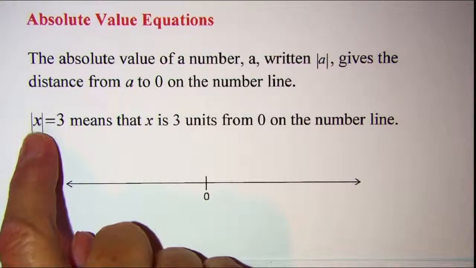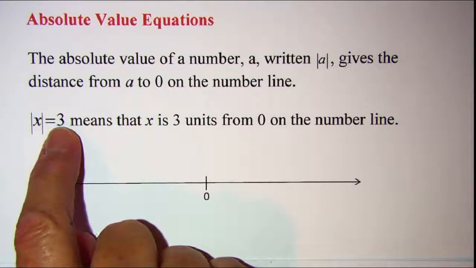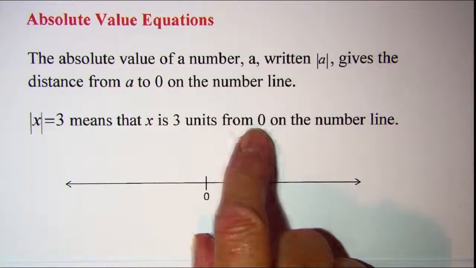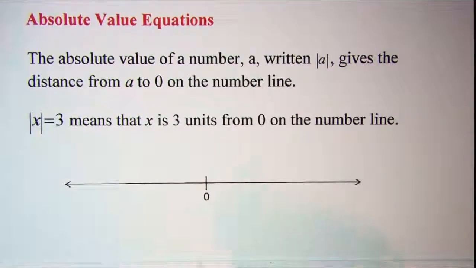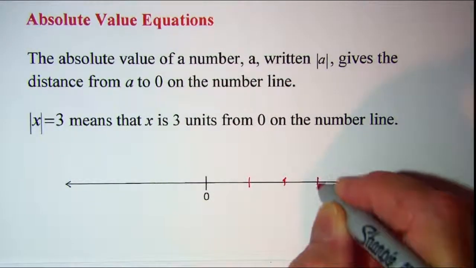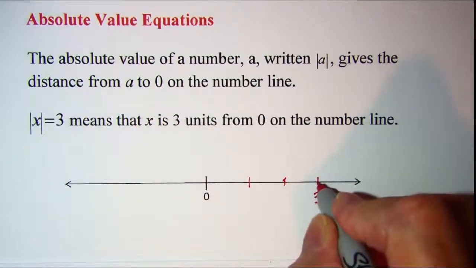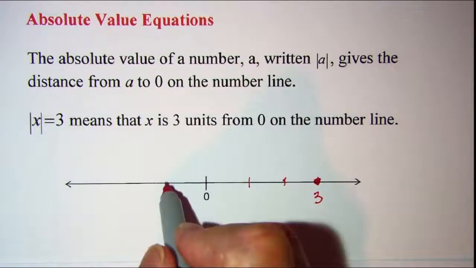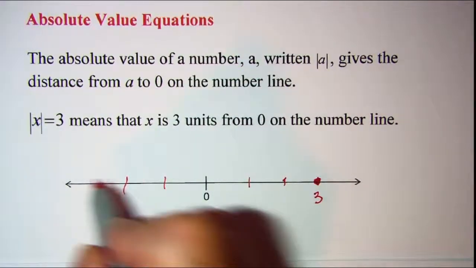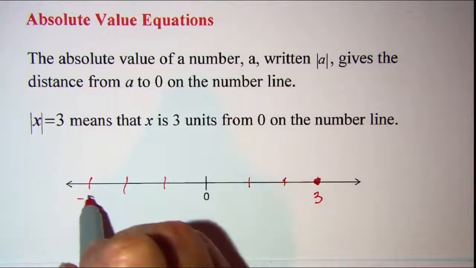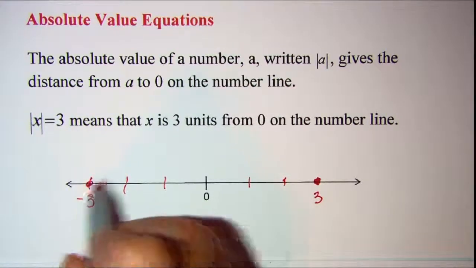So absolute value of x equals 3 means that x is 3 units from 0 on the number line. So 3 units from 0 on the number line to the right would put us at a positive 3, and 3 units from 0 on the number line to the left would put us at negative 3.